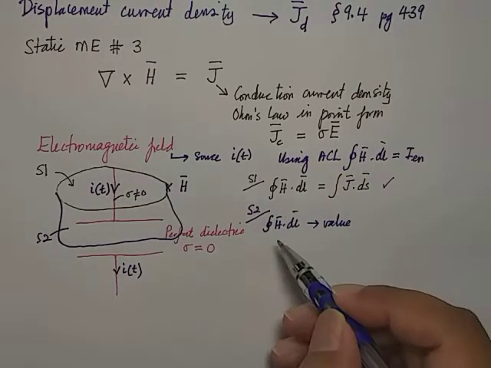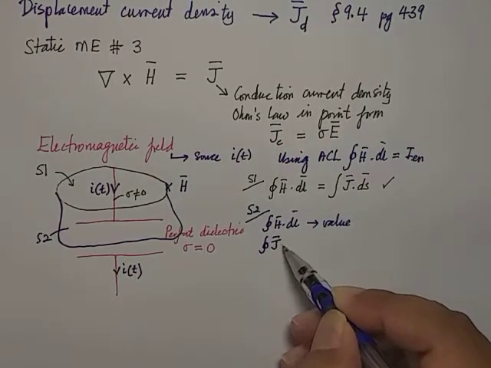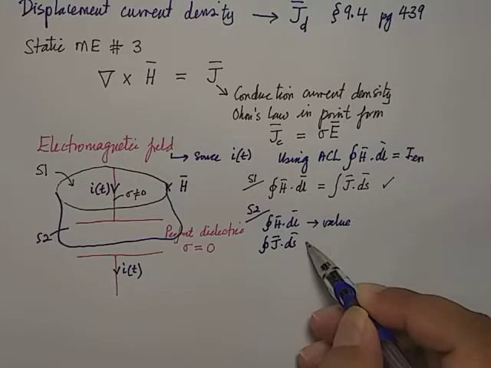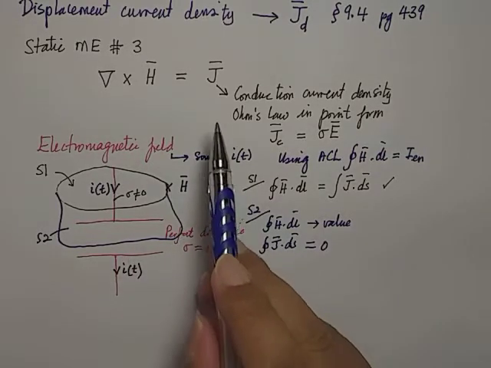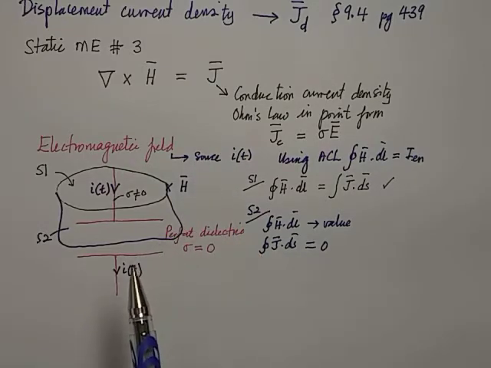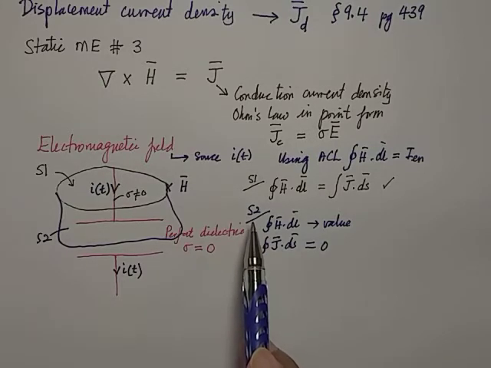But yet, mathematically, the right-hand side, the J dot ds, must be equal to 0. Agree? Because the sigma here is 0. Therefore, this equation is not appropriate for the second surface model analysis.